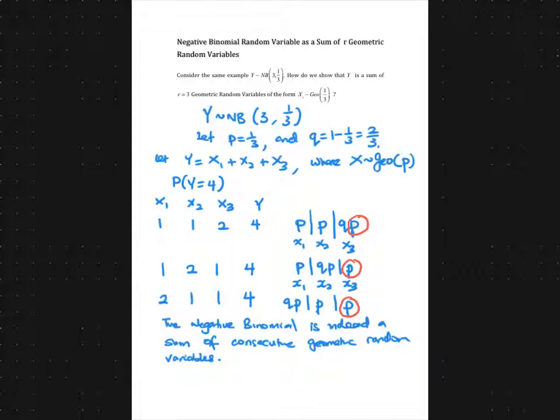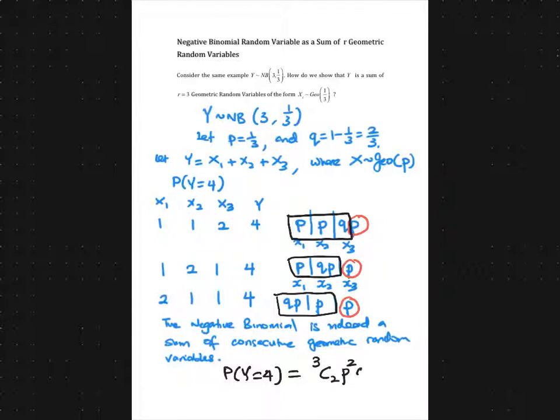You will also notice that the first 3 terms here, for all 3 cases, are a binomial, finding two successes in 3. So we have the answer that we want: P(Y = 4) equals 3C2 times P squared, Q to the power 1, times P, as we have found earlier.